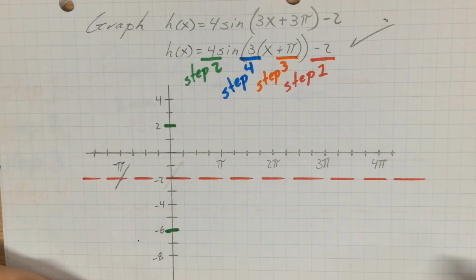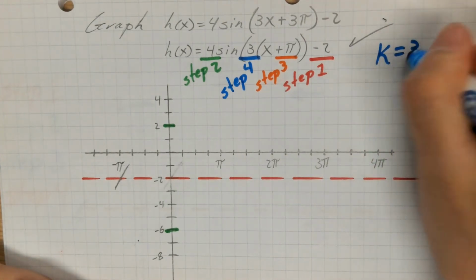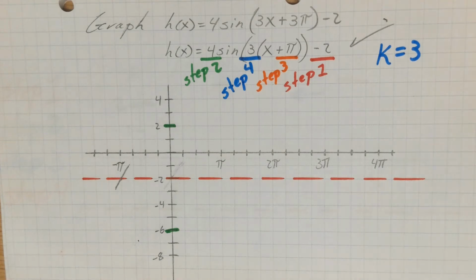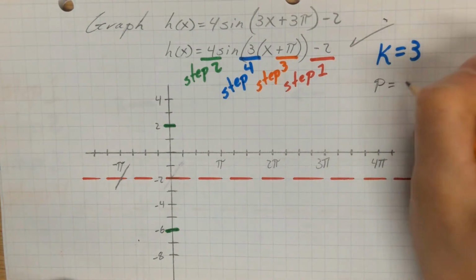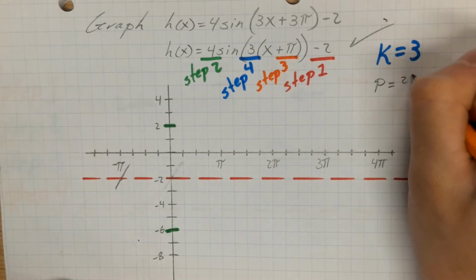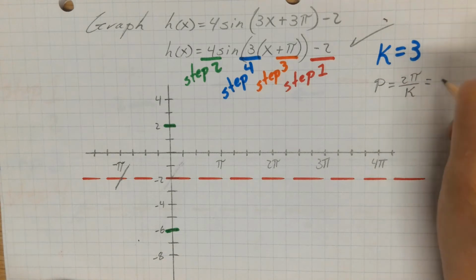So right here I'm saying that k equals 3. If k equals 3, and I know that period is equal to 2 pi divided by k, then that means that the period is 2 pi over 3.